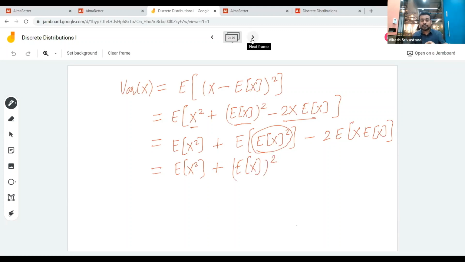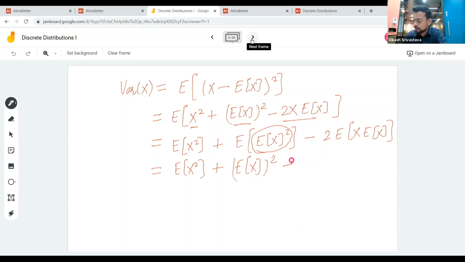So the expectation of the squared expectation of x will essentially be the squared expectation of x. If this seems difficult to understand, try going through the first principles, where you know the definition of the expectation of x. Try plugging it into the formula, and you will be able to see why this holds.